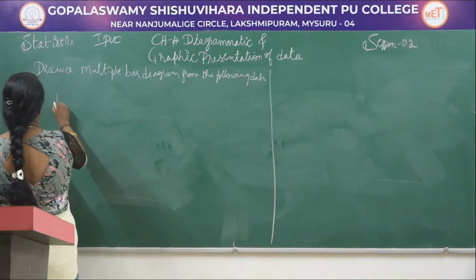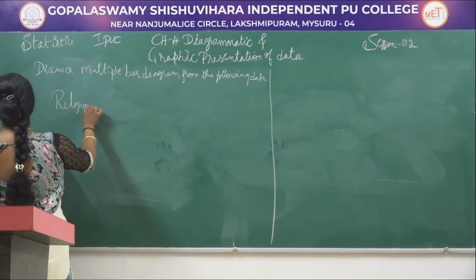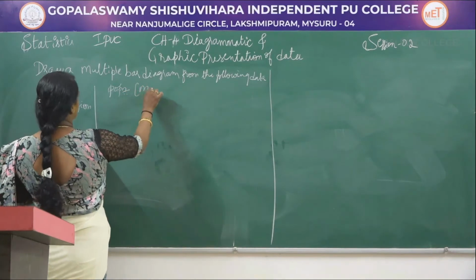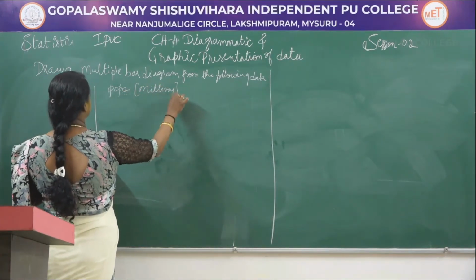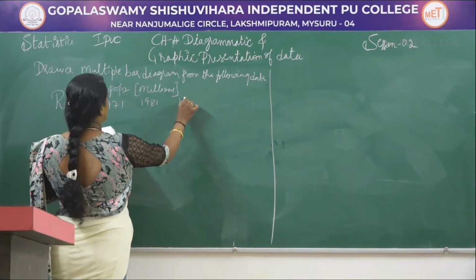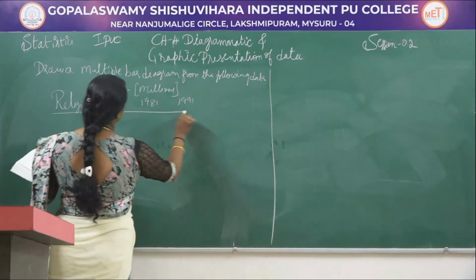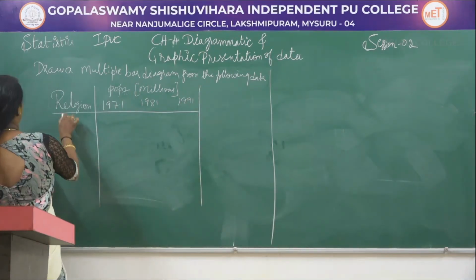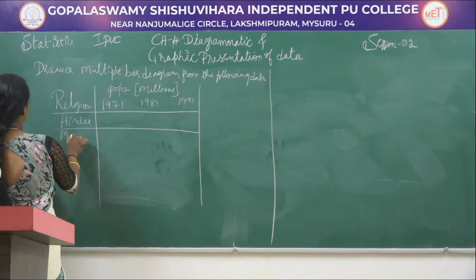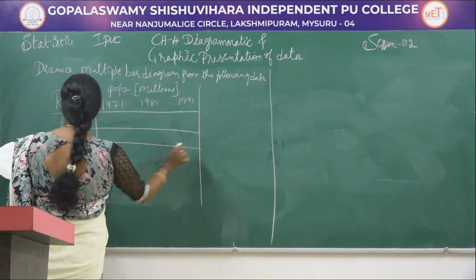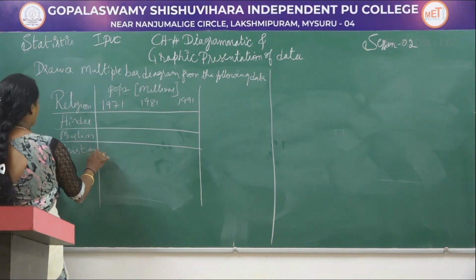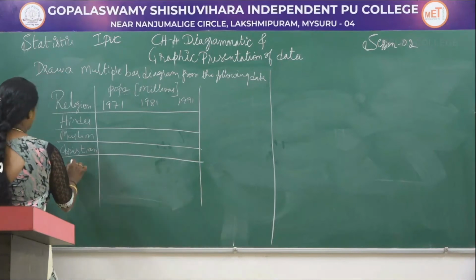So this is religion, population in millions, for 1971, 1981, 1991: Hindu, Muslim, Christian, others.